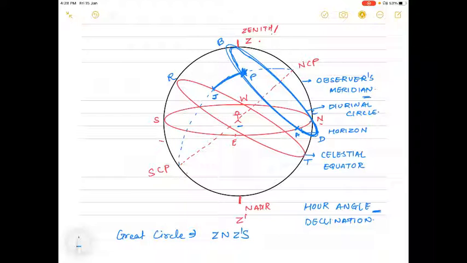This is the point at which the great circle passing through the star and the north and south celestial poles intersects the celestial equator.